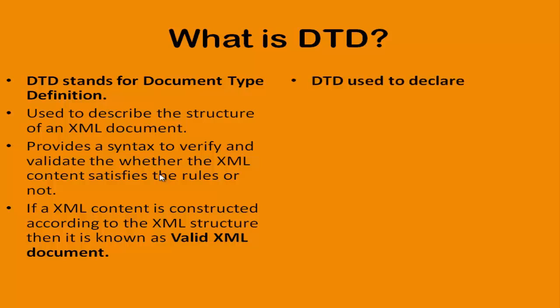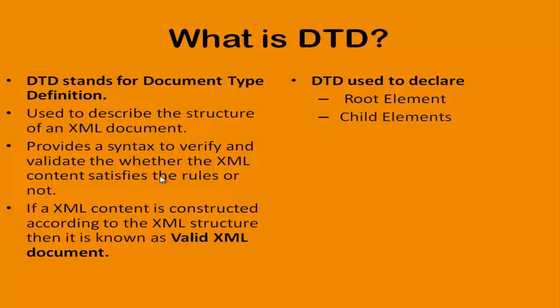And DTD can be used to declare the root element. If we want to create a DTD, a document type definition structure, the first and foremost requirement is that we need a root element. We'll be seeing the root element in depth in our upcoming slides.